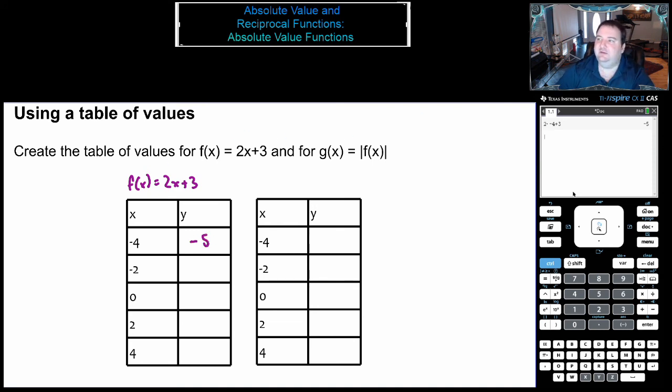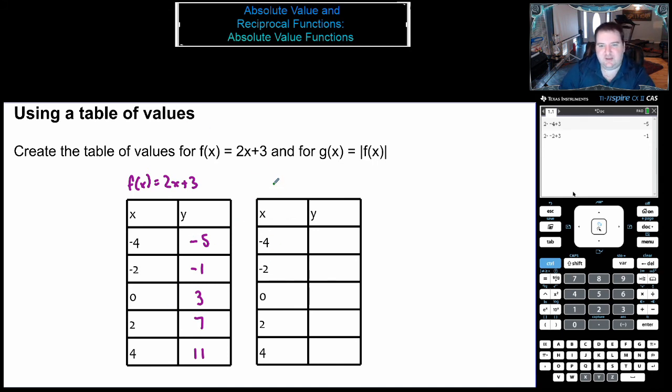When x is -2, we have 2 times -2 plus 3. So 2 times -2 is -4 plus 3 is -1. When x is 0, 2 times 0 is 0 plus 3 is 3. When x is 2, it's 2 times 2 plus 3, so 7. When x is 4, 2 times 4 is 8 plus 3 is 11. So there we go. I stopped typing them in my calculator because these are really easy calculations, right?